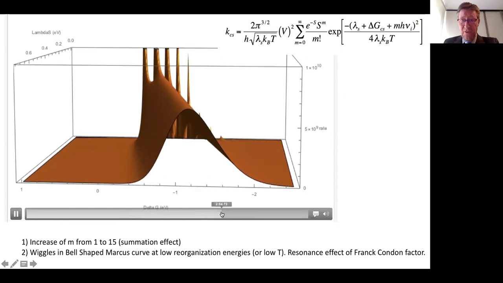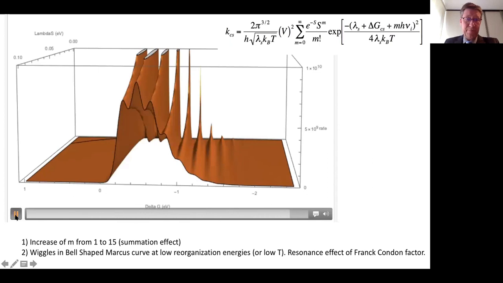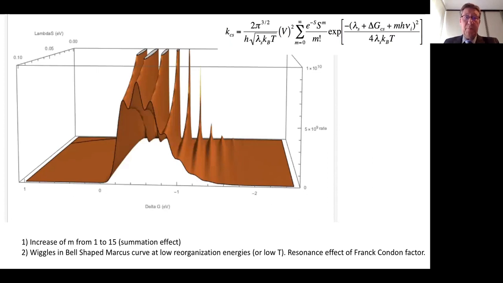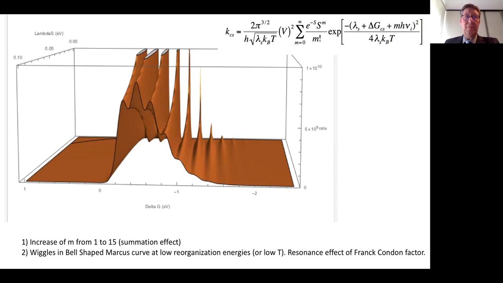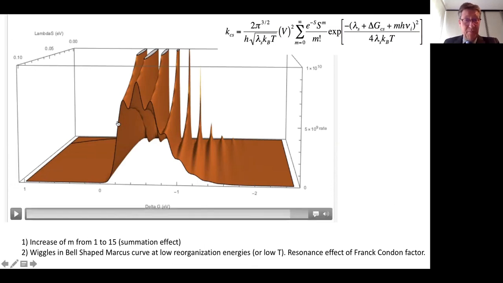You see that the contribution becomes smaller and smaller. Now we approach these peaks in the back, and here you see them. If we approach these peaks, we actually see that oscillation starts to occur in the bell-shaped Marcus curve.